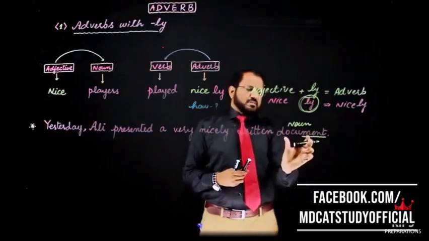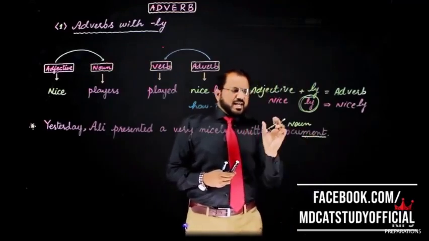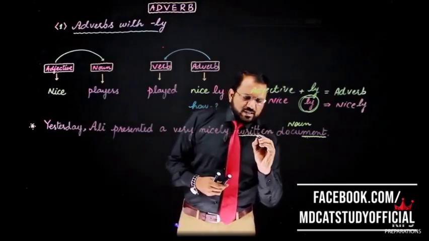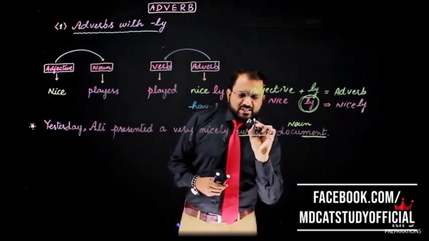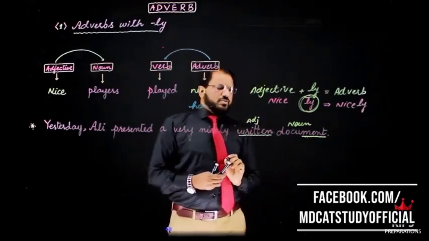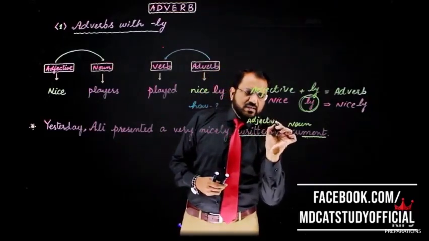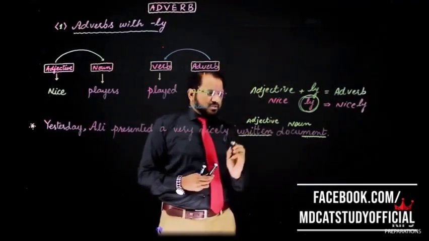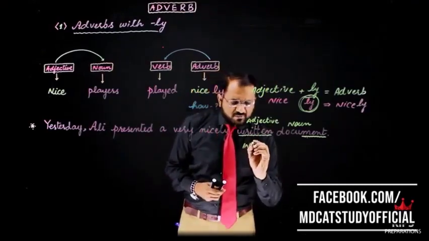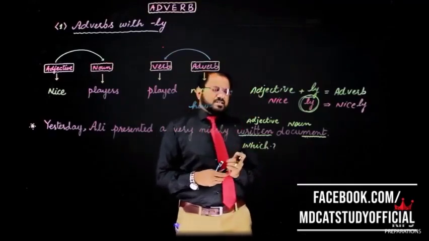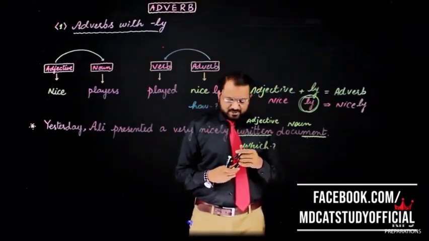For example, retirement, document, etc. And the word added to the meaning of a noun and written before the noun is an adjective. So written is an adjective. And if I put a question, which document are we talking about? So all the words in English language that answer "which" are called adjectives.